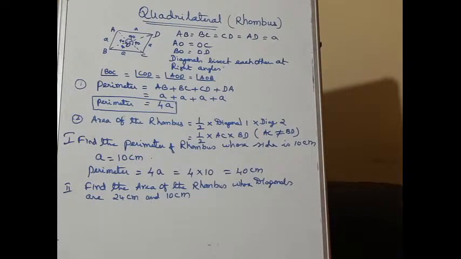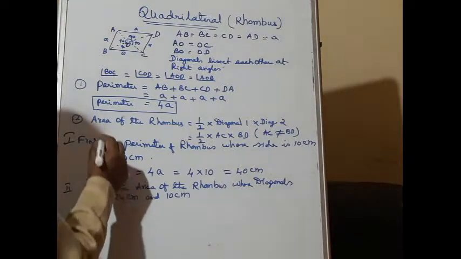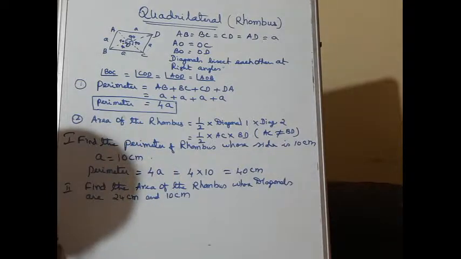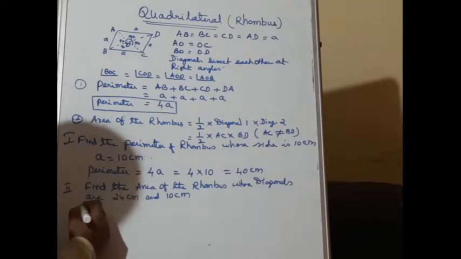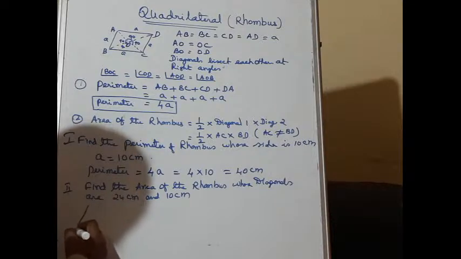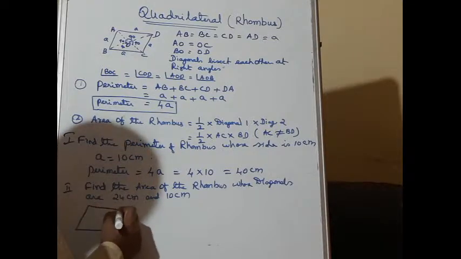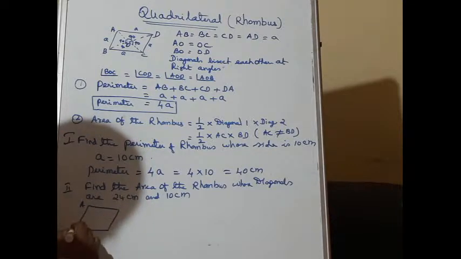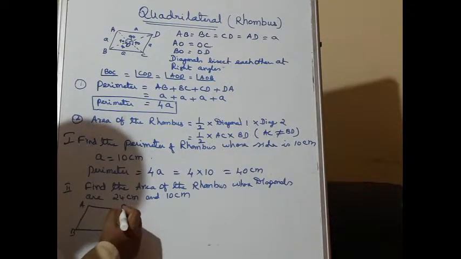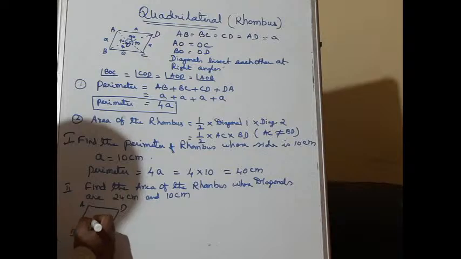So we write D1 equal to 24 centimeter. You can draw a small diagram and show D1 and D2. Put D1 equal to 24 and D2 equal to 10. This is a straight formula, diagonal 1. Rhombus ABCD, join AC and BD in dotted lines.